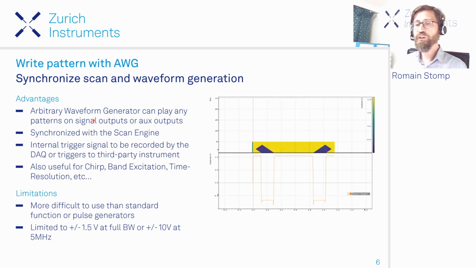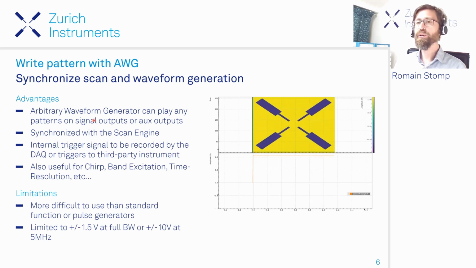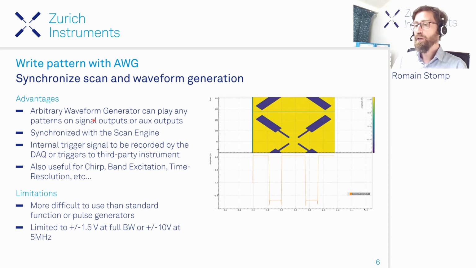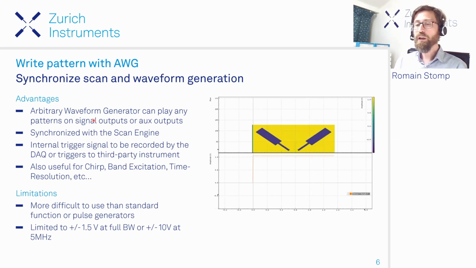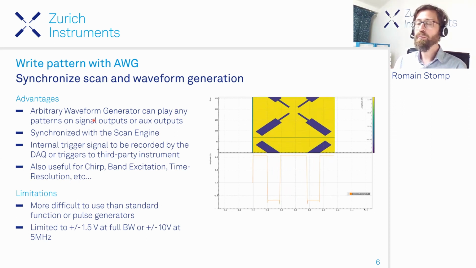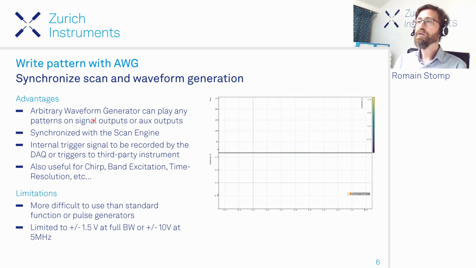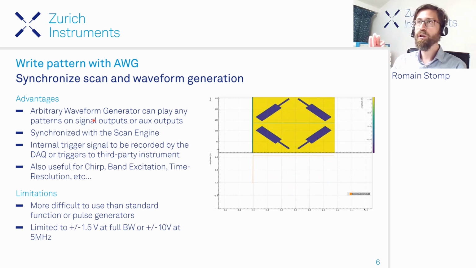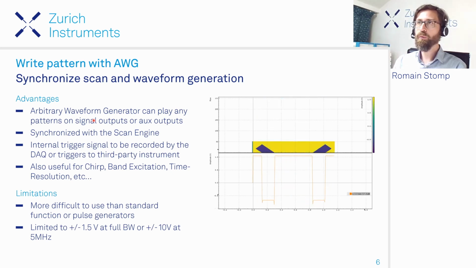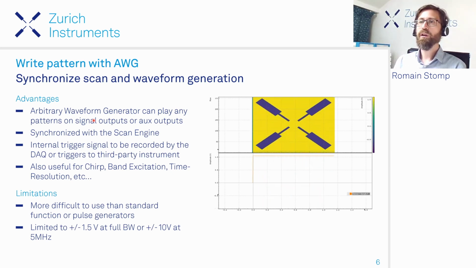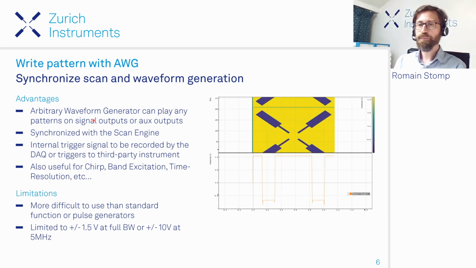And of course, it's a very generic arbitrary waveform, so you can play any type of preloaded waveform or chirp or excite the full frequency band, control the delay for time resolution, or if you really want to just draw your function sample by sample, you can even just load what you want and it will play.